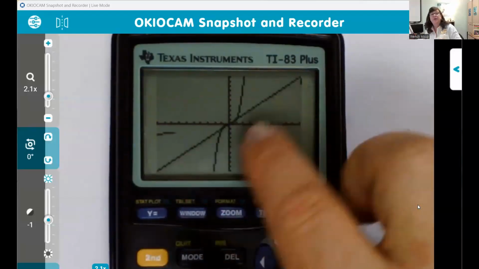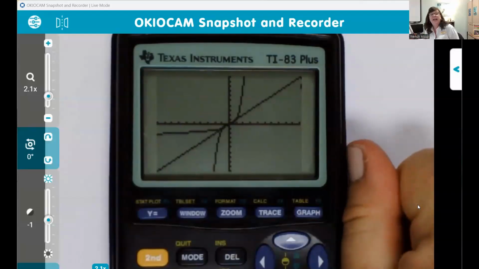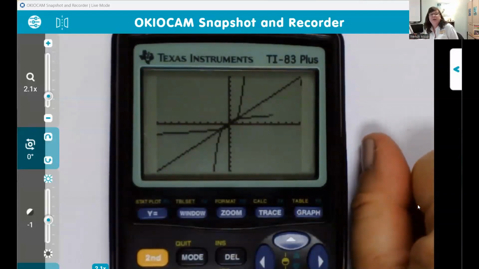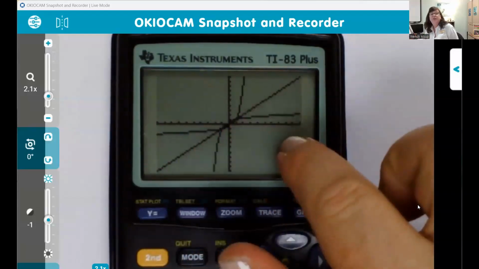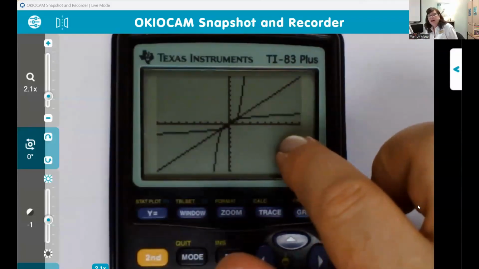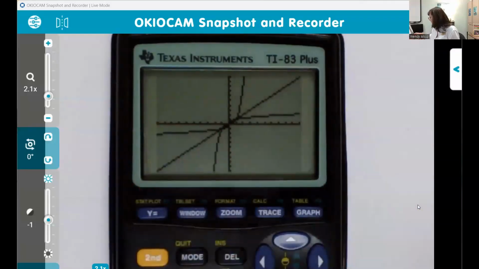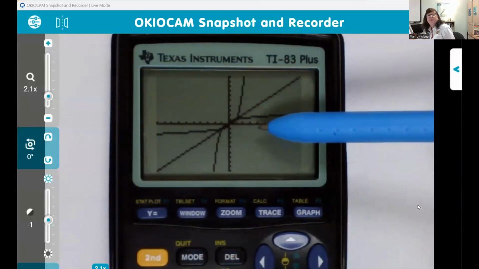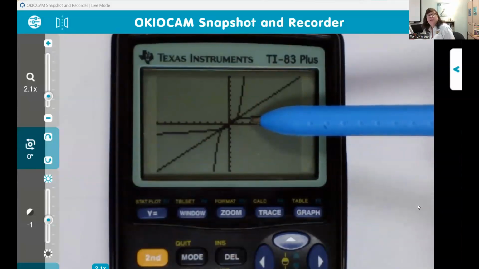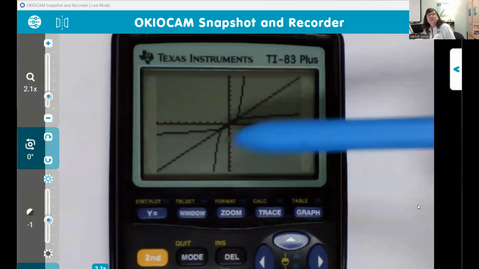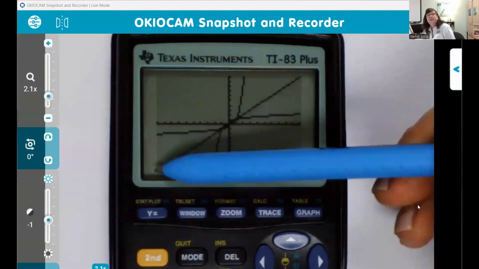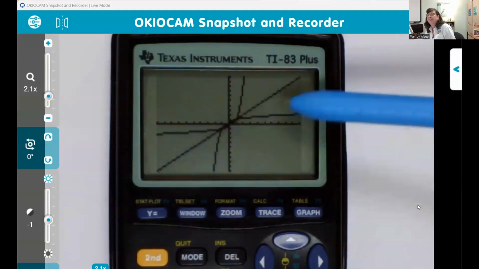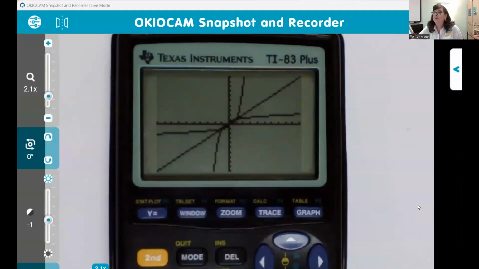We're going to reflect it across the line y equals x, and the inverse is a reflection across that line. If you had the point (1, 3), then your inverse will have the point (3, 1). The x's and the y's are flipped. That's why it's a mirror image across the line y equals x. So that's graphically.